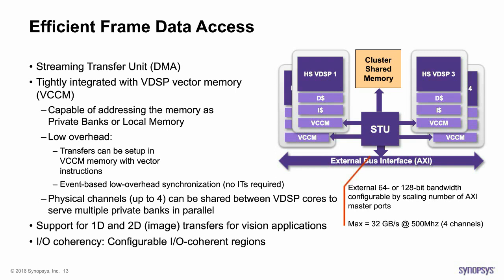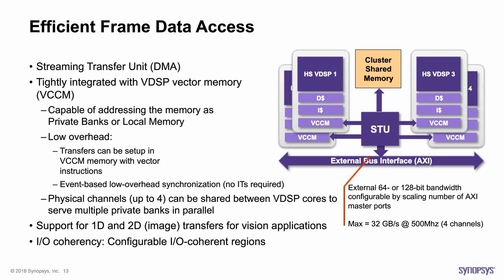So we've developed a very specialized DMA engine that we call a streaming transfer unit that allows us to, in the background, move this data very efficiently from the frame buffer. And that frame buffer may be on chip or it may be off chip. We really don't care, as long as we have enough bandwidth to get the data in real time.